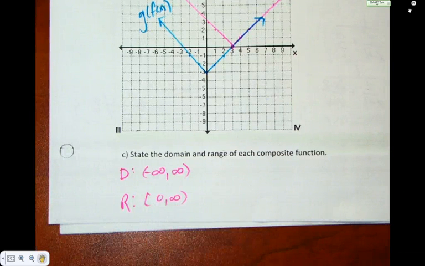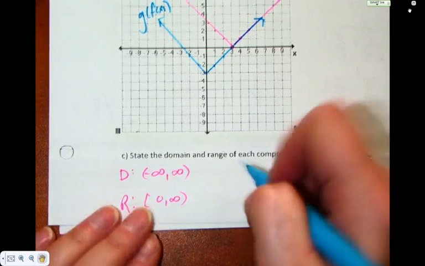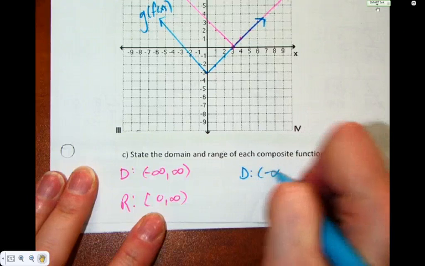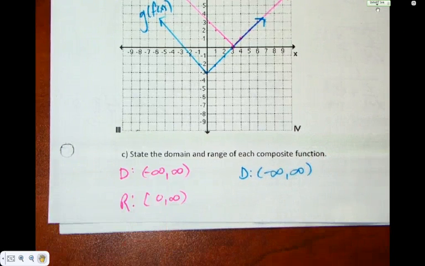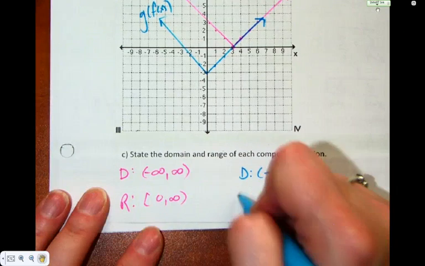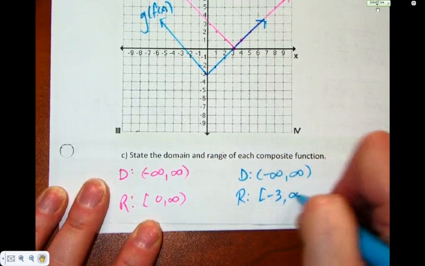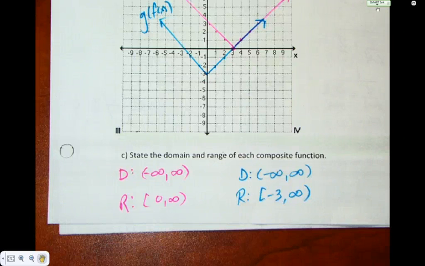Confirm. g of f of x. And the range. Confirm.